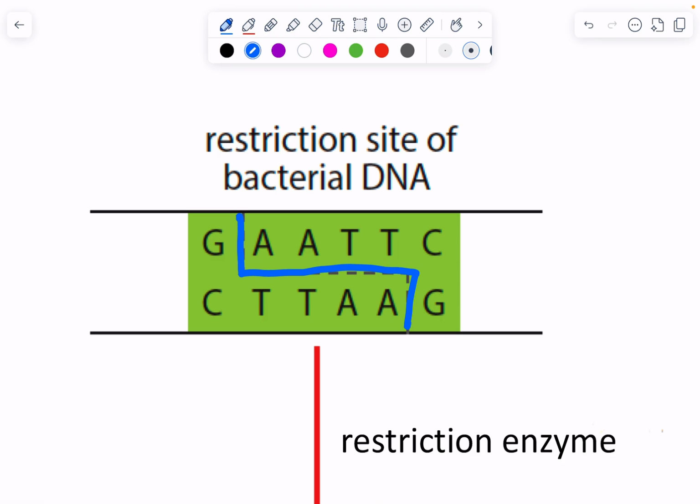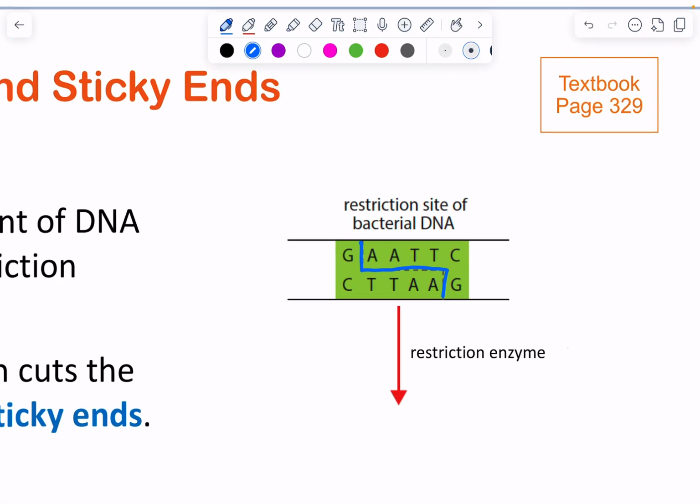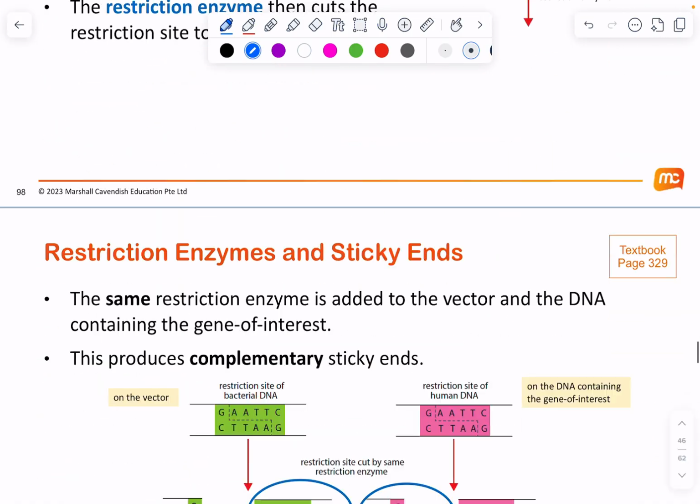These exposed nucleotides are able to stick to other nucleotides surrounding them. So rather than sticking to the vector, they may stick back to each other or to something else which we do not want. Then it renders the gene no longer useful for us.